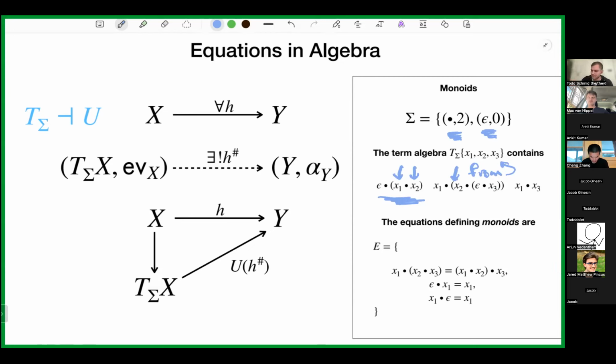Okay, but monoids are not just the signature, and they're not just the terms. And this universal property is nice, but this is not the whole story. Really, what defines a monoid is that it satisfies these three equations down here. So if we wanted to build the free algebra from a signature, with no equations at all, then we can just build the terms.